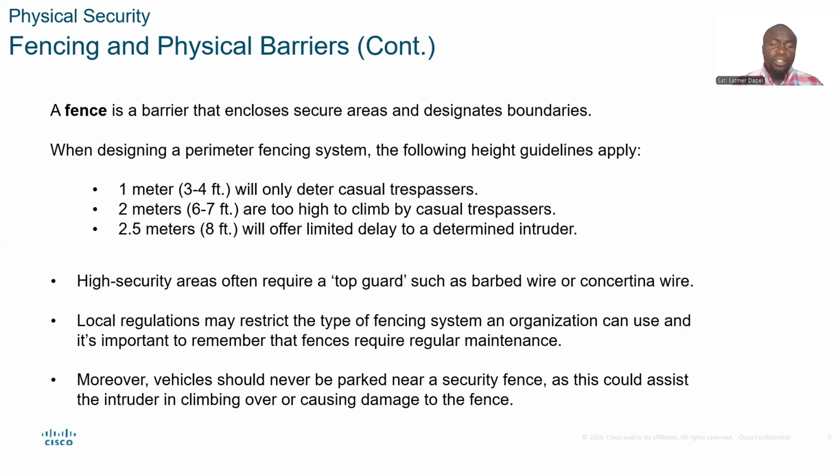Then we have the high security areas, which often require a top guard, such as barbed wire or a razor wire. So the local regulations may restrict the type of fencing system an organization can use, and it's important to remember that fences require regular maintenance, okay? Moreover, vehicles should never be parked near a security fence, as this could assist an intruder in climbing over a casual fence.